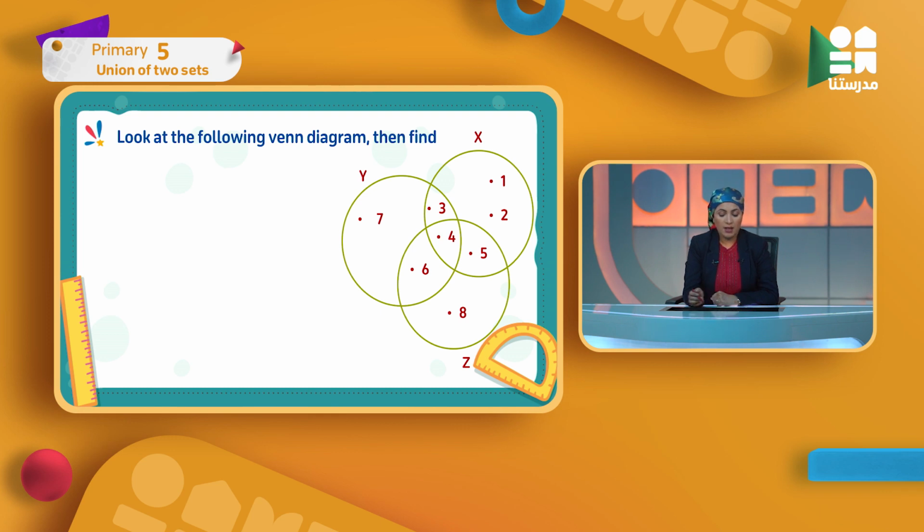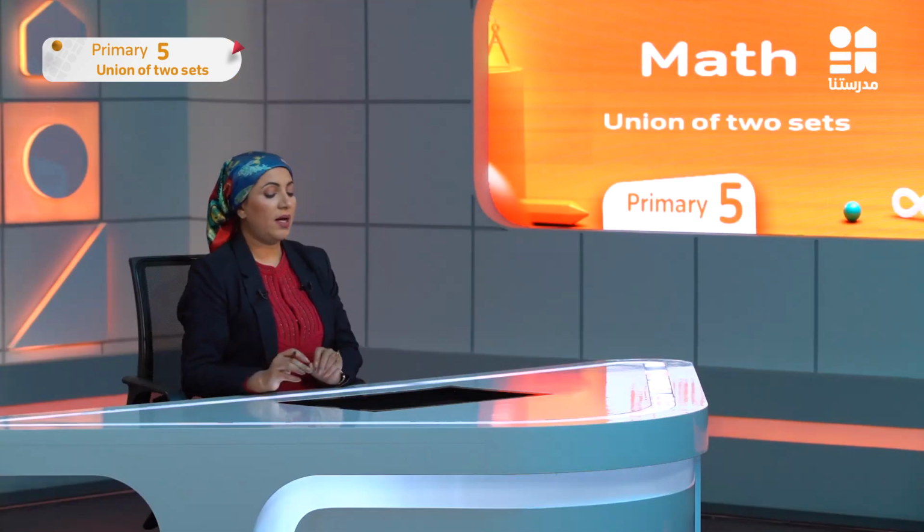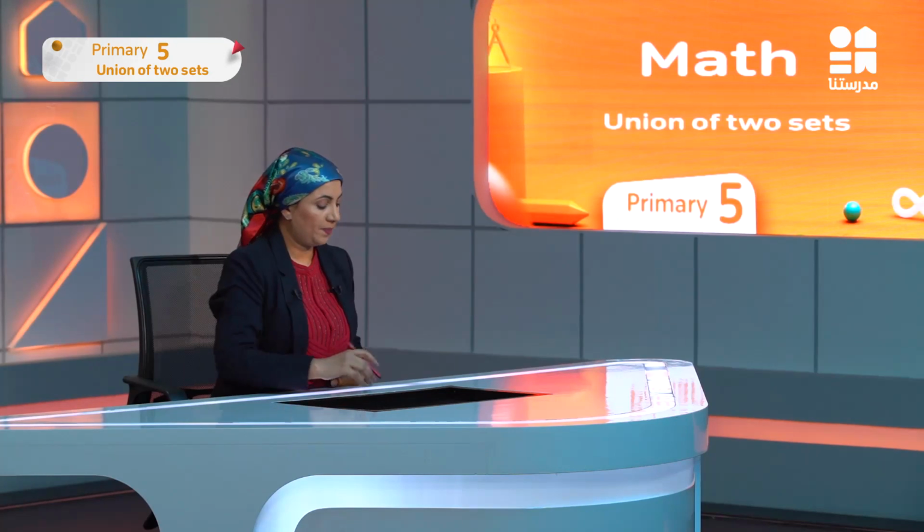Here I have the 3 sets Y, X, and Z. X and Y intersect in 3 and 4, Y and Z intersect in 4 and 6, and X intersects with Z in 4 and 5. Then I start to answer my questions.